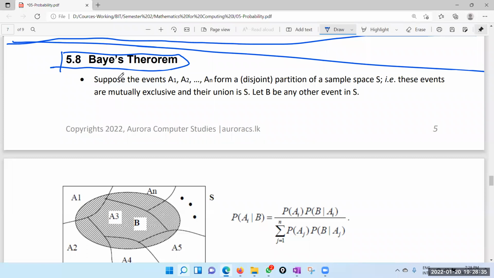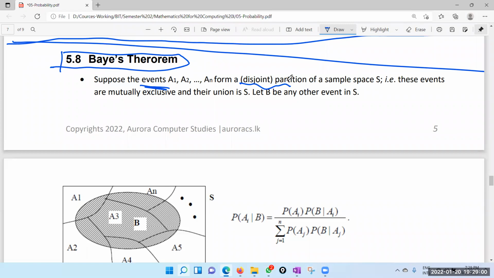Suppose the events A1, A2 to AN. There are some events, and they are very important. They form a disjoint partition of sample space S, and it must be disjoint. That means 2 events cannot happen at the same time. Those words are very important.